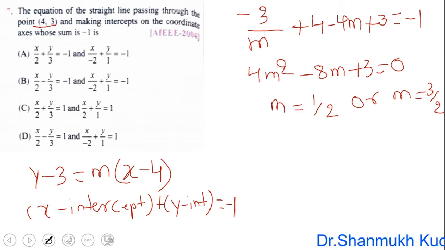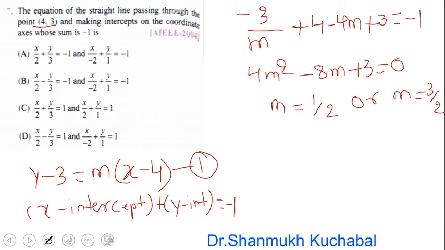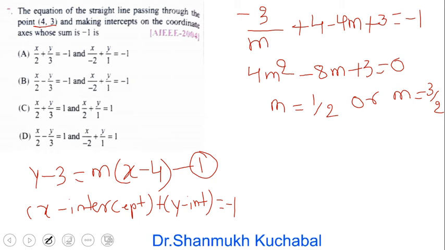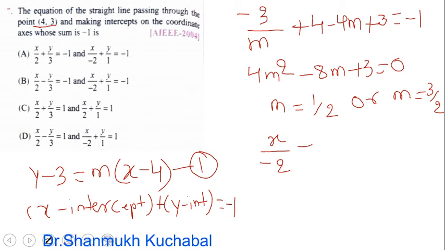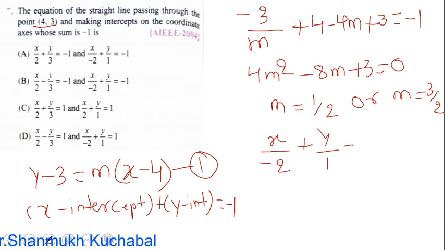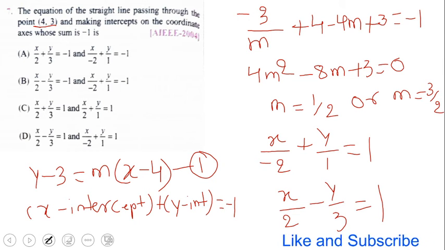Further, I call it equation 1. In equation 1, substituting m equal to 1 by 2, we get x divided by minus 2 plus y by 1 equal to 1. Next, substituting m equal to 3 by 2, we get x by 2 minus y by 3 equal to 1 here.